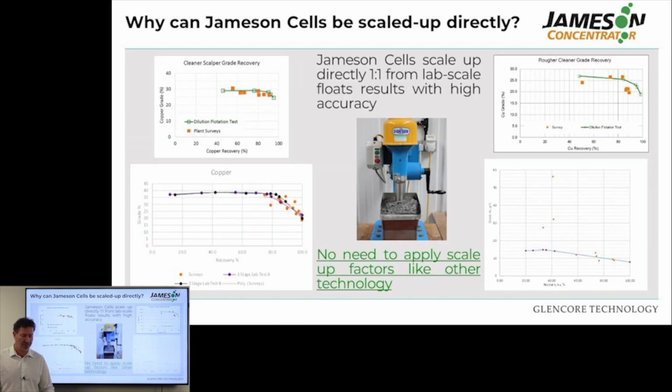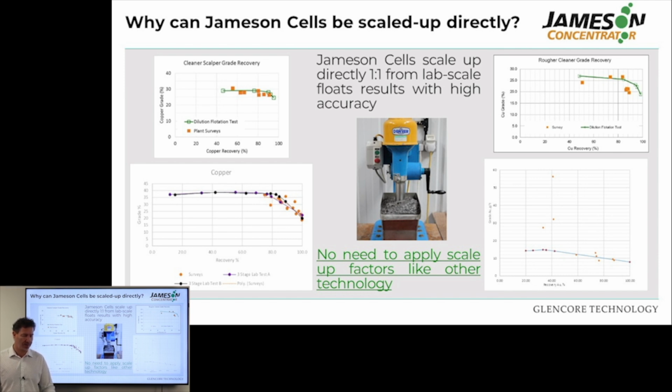Now, when we carry out a laboratory test work with Jameson cells, or a simulation, we call it the three-stage dilution cleaning, what we see is the results directly scale up 1-to-1.